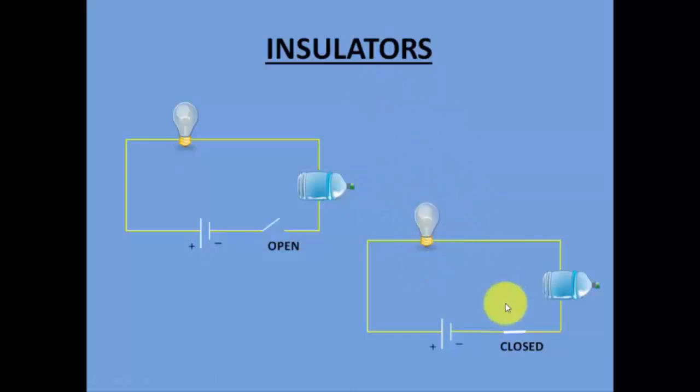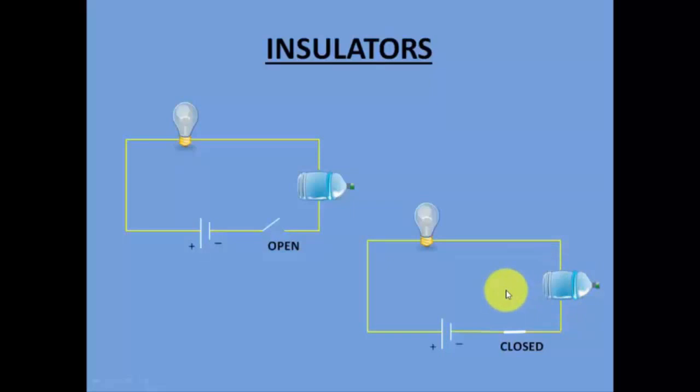That means even though the key is closed, something is not letting the electrons pass from the negatively charged end through the circuit towards the positive. What can that be? That is definitely this plastic bottle. This plastic bottle will not allow the negatively charged electrons to pass through it.